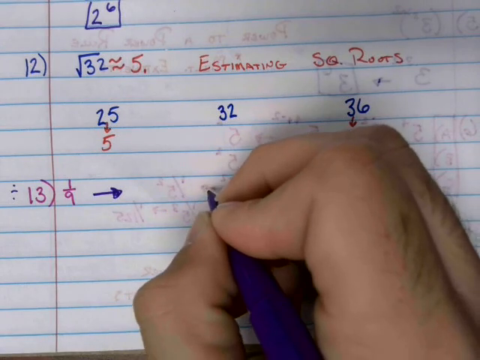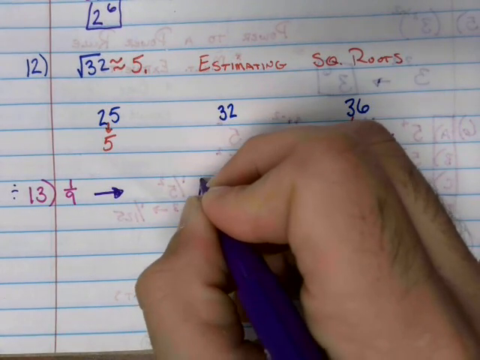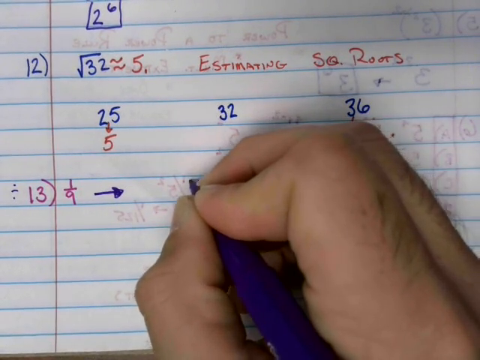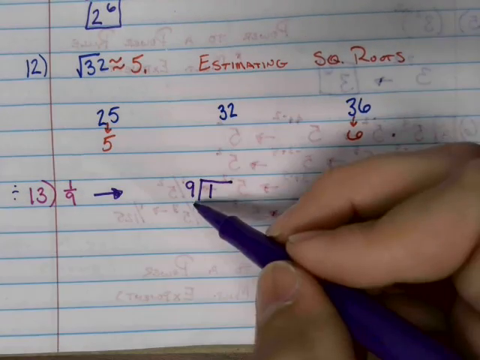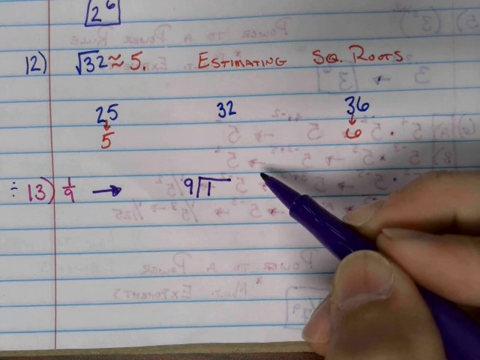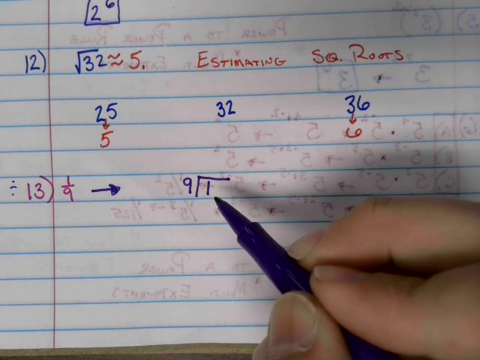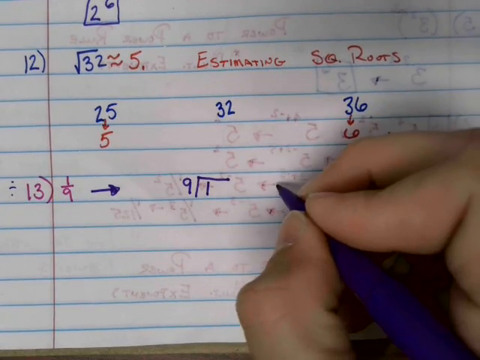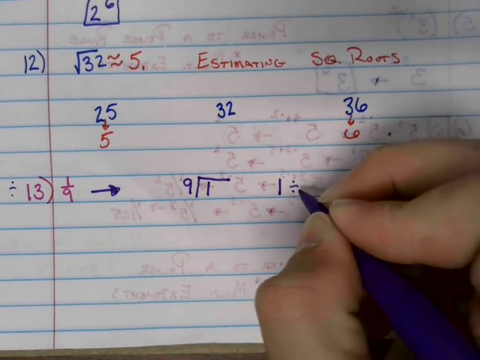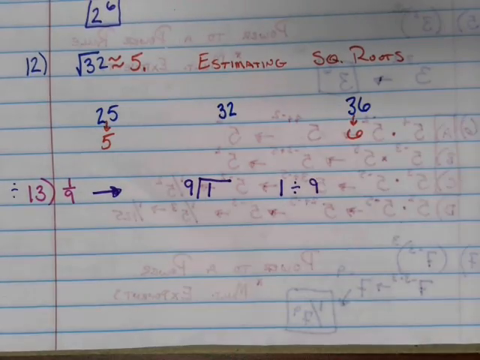So I'm going to write, this is 1 divided by 9, okay? You all see how I use my words to draw my house, divided by, and that'll tell you which number goes in the house. Also, it'll tell you how to type that into the calculator. 1 divided by 9. You should type it like that in your calculator.